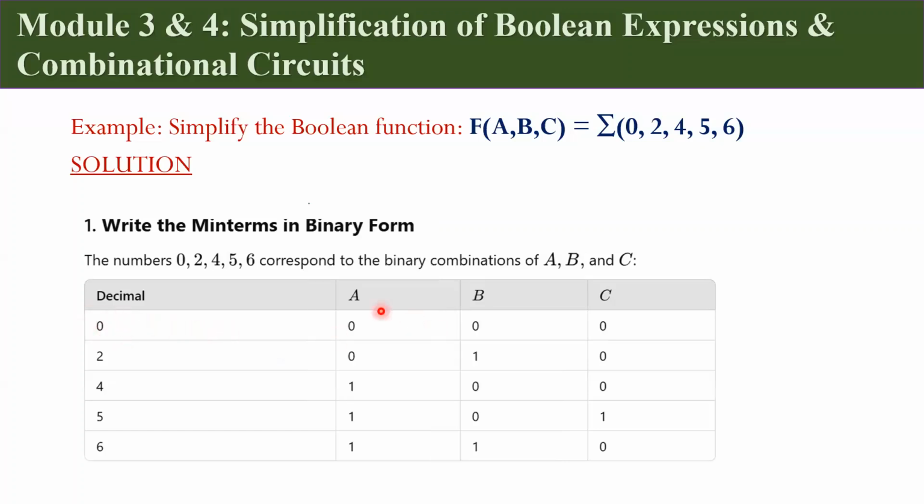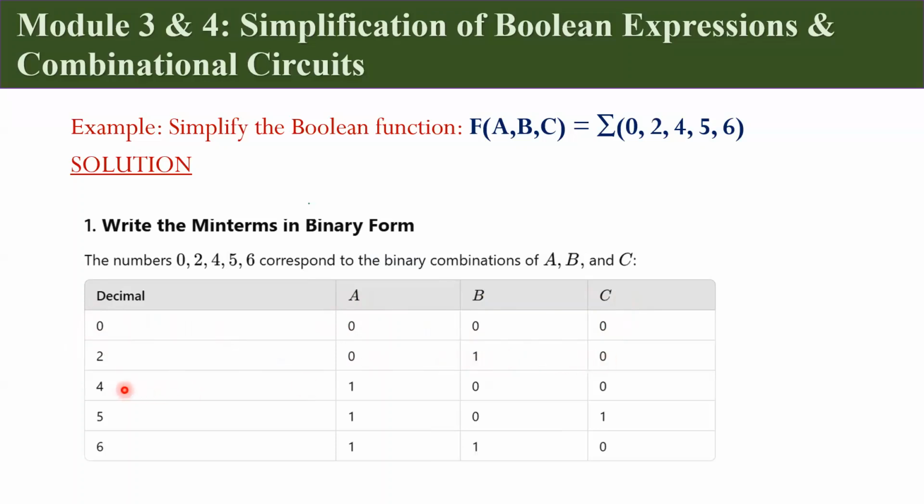Now look at it. This is A, B, C. That's the input. Okay? 0 in decimal is what? 0, 0, 0. Is that okay, everybody? Yes, sir. And 2. 2 is what? 0, 1, 0. I believe that is understood by everybody.